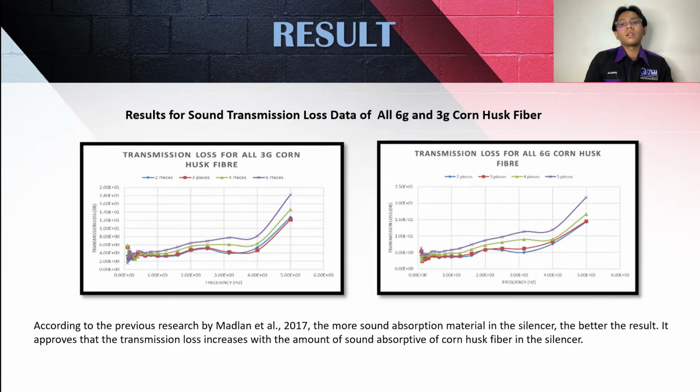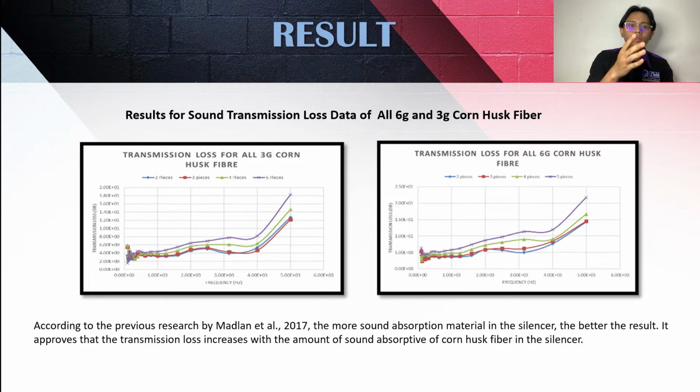First, the result I got is the transmission loss data for all 6 gram and 3 gram of cone husk fiber. It's shown in the graph in the figure. According to the previous article from Matlan et al. 2017, it states that the more sound absorption material in the silencer, the better the result for the transmission loss.